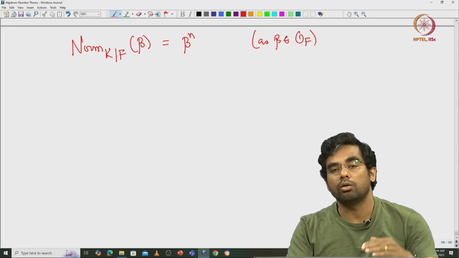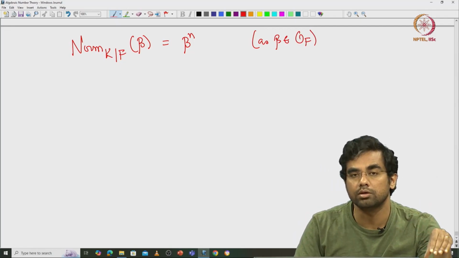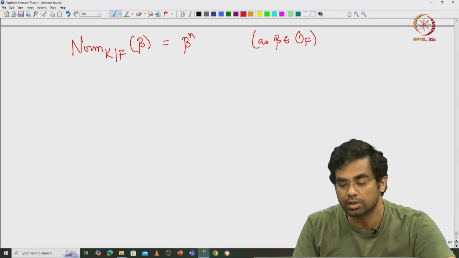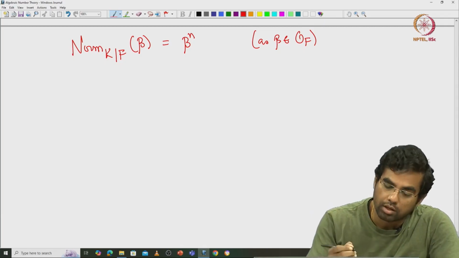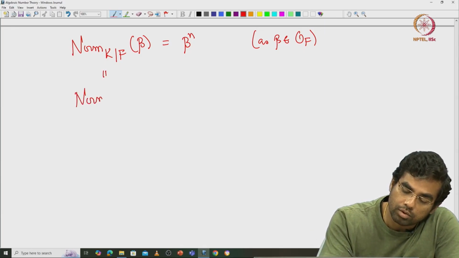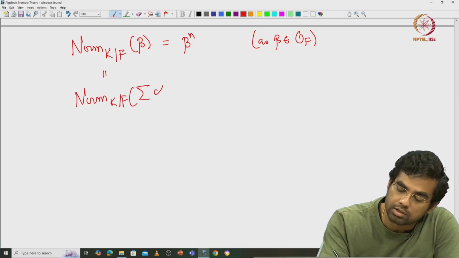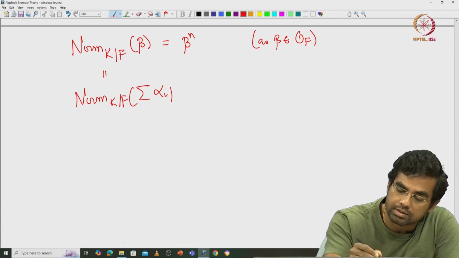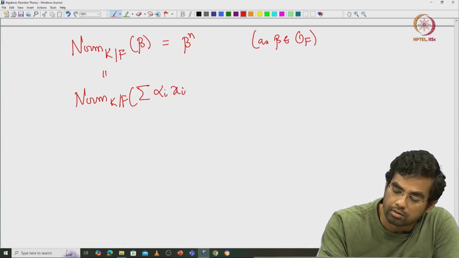If you take the norm of some element which is actually in the bottom field, you just raise it to the nth power. On the one hand it is this, but on the other hand you can write it as the norm of K over F of the summation alpha i xi.